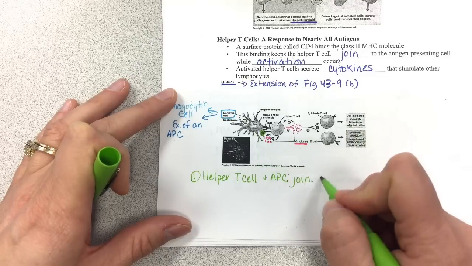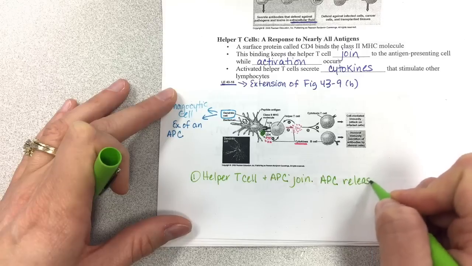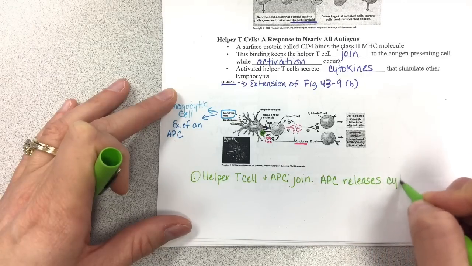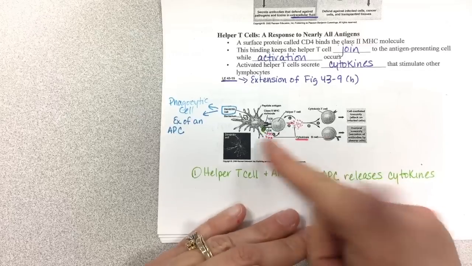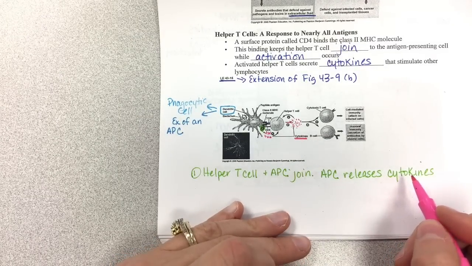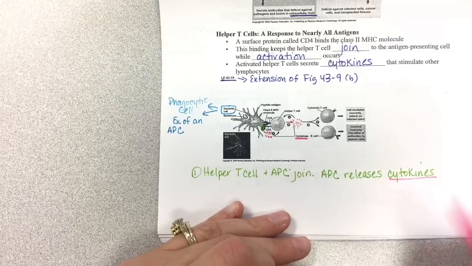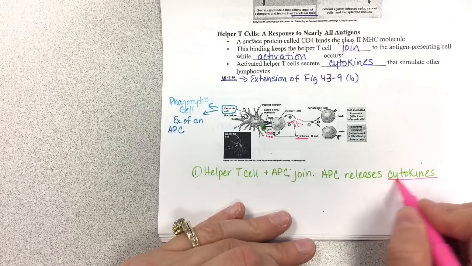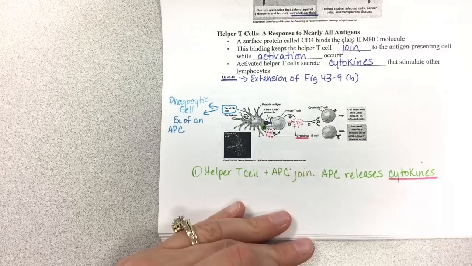It releases cytokines. So that's step 1, and we can underline maybe cytokines here in pink, since we highlighted them in pink here. So that's what's going on in step 1.